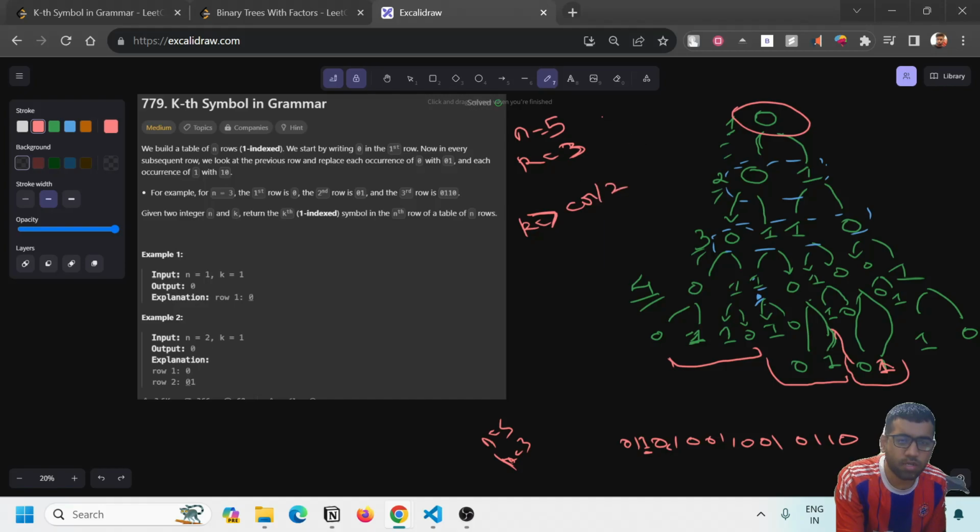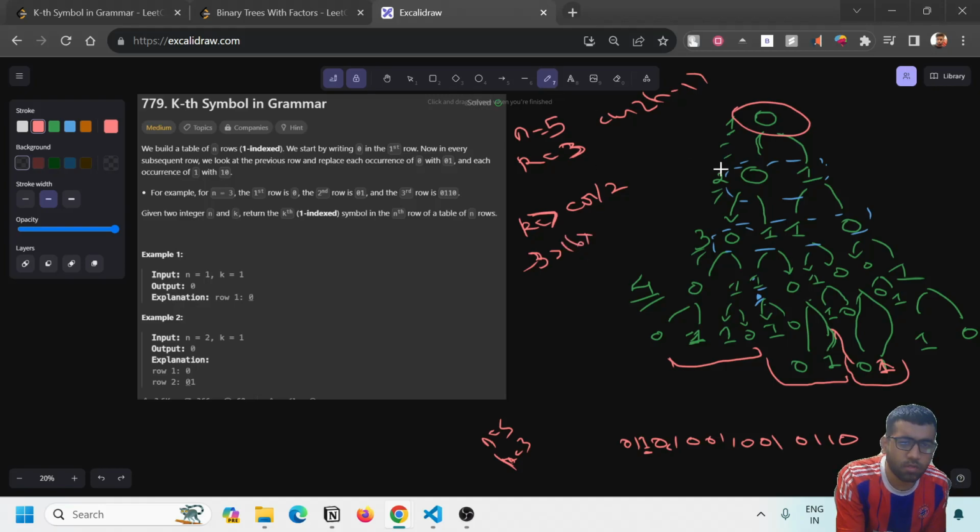And what is cur? Cur is actually 2 to the power n minus 1, not 2 to the power n and then subtract 1. We'll check if k is greater than cur by 2. With n minus 1 being 4, 2 to the power 4 is 16. Is 3 greater than 16? No, 3 is not greater than 16.